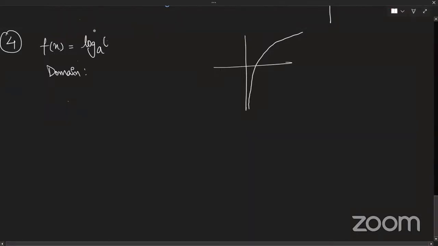Don't remember? You can look at the curve. If you look at the curve, you can tell me what values of x you see over here at which the curve is being plotted. What are the values of x at which this curve has been plotted?